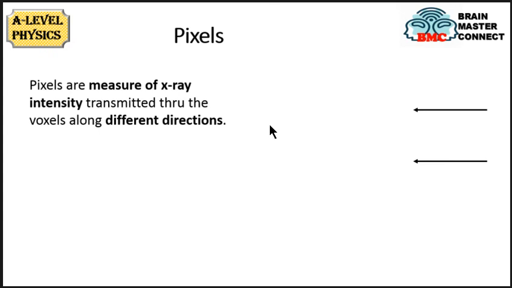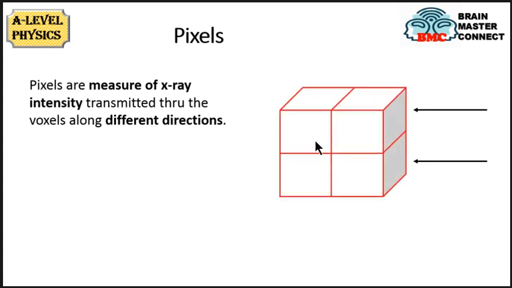How do I mean? Here I have my Voxels. When I have an X-ray from this right direction striking the section, it simply means that it's also indirectly striking each of the Voxels.